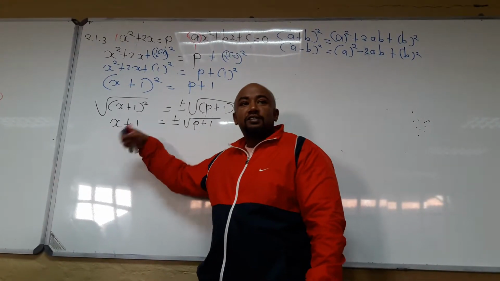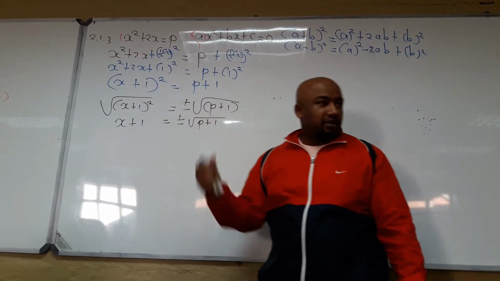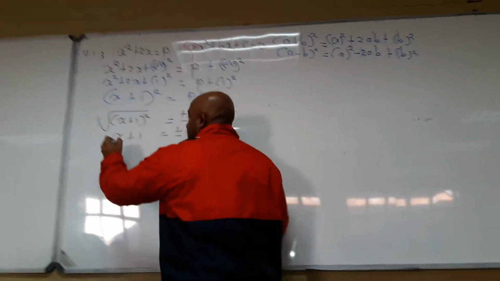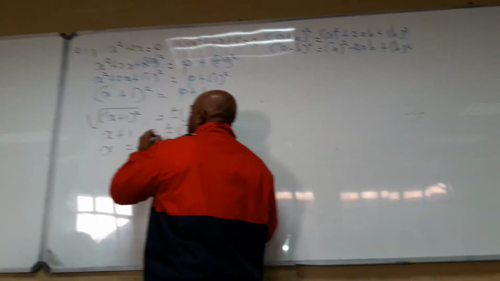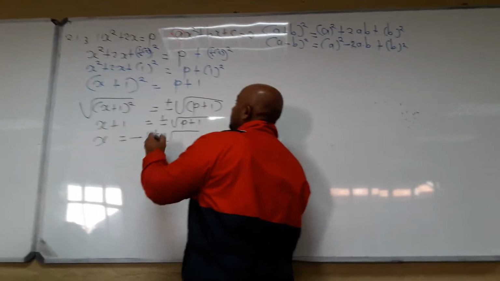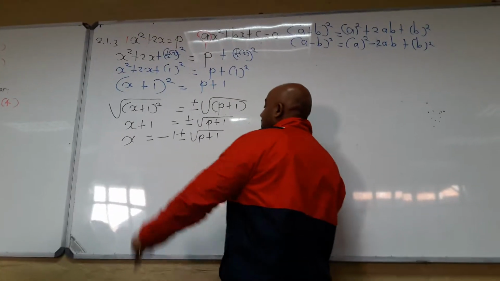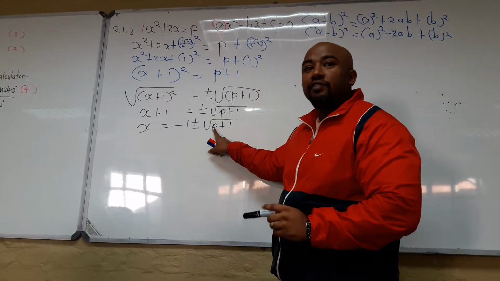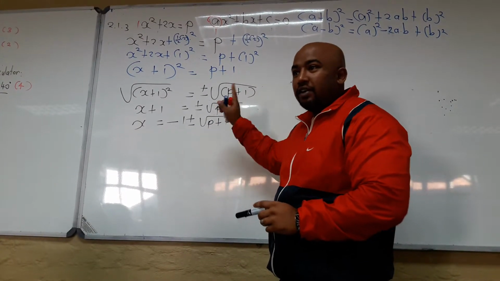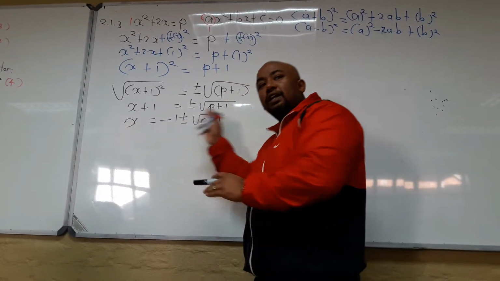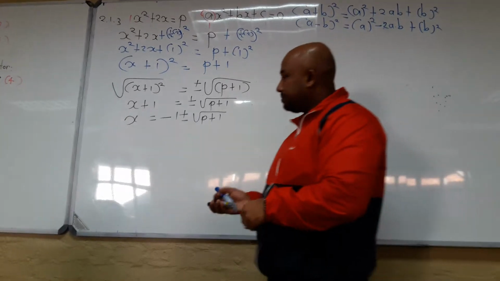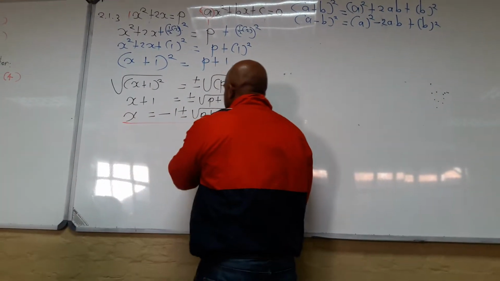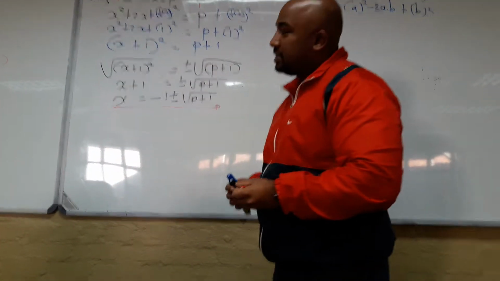You're solving for x, so you need to keep x alone on one side. So x is equal to minus 1 plus or minus the square root of p plus 1. There's nothing more we can do because we do not know the value of p here. If we know the value of p, then we can work out the solutions. That was completing the square.